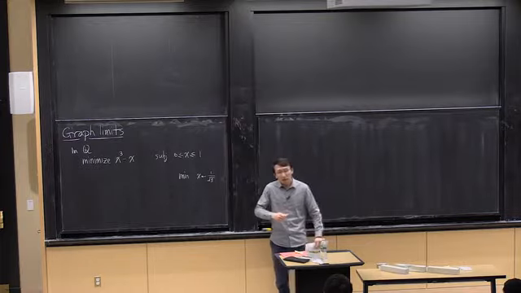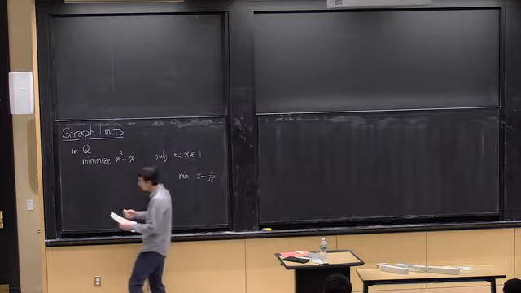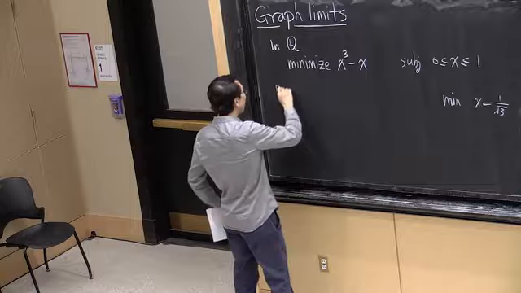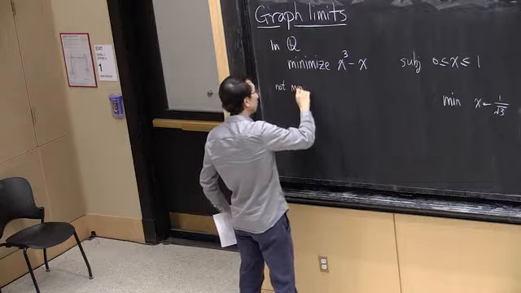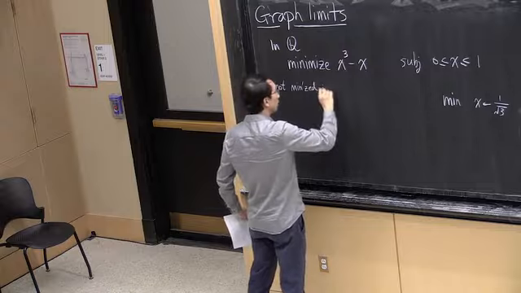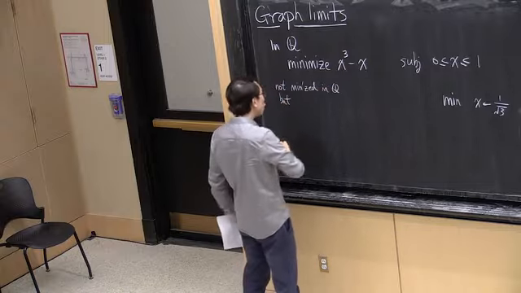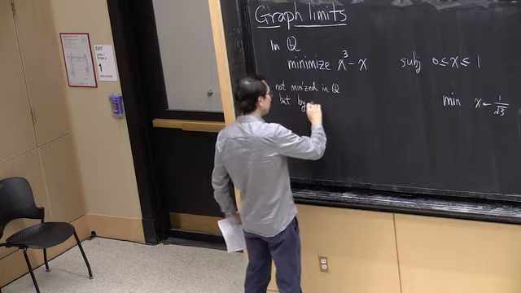Well, they could say the minimum is not attained in Q, not minimized by a single number, but by a sequence.